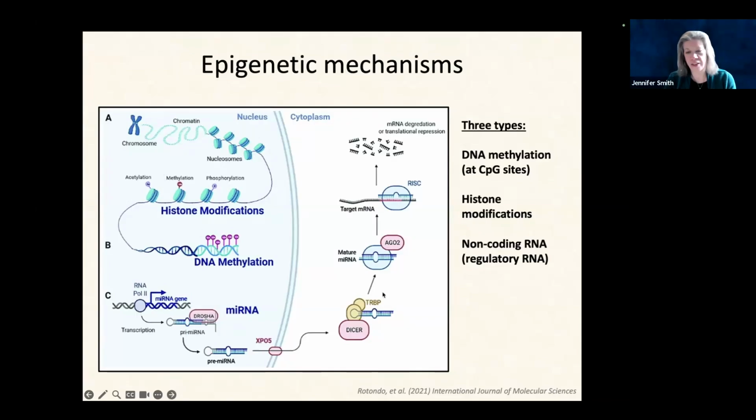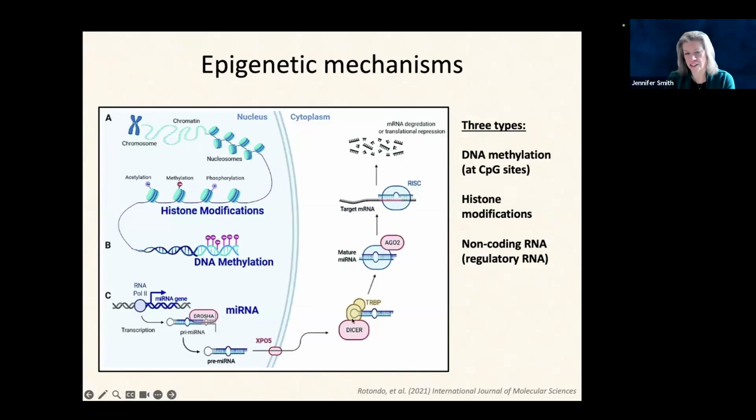And then the non-coding RNA is actually really interesting. One example of it is the microRNA, where you have a piece of RNA that's not ultimately destined to make protein. It does a different job in the cell. This particular kind of RNA forms a hairpin loop structure, so it folds back on itself.